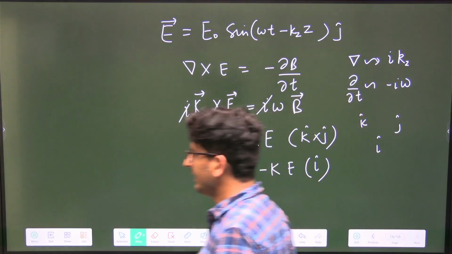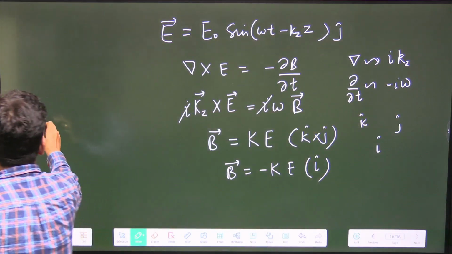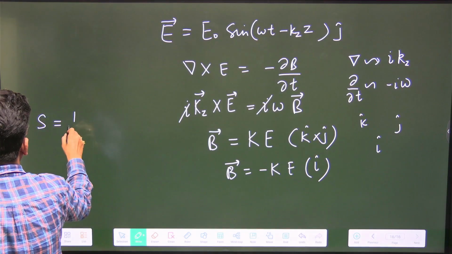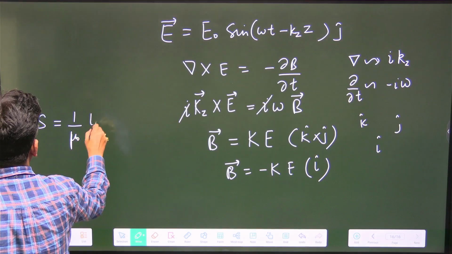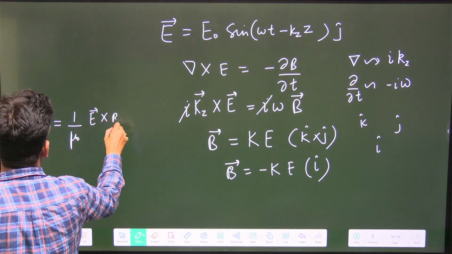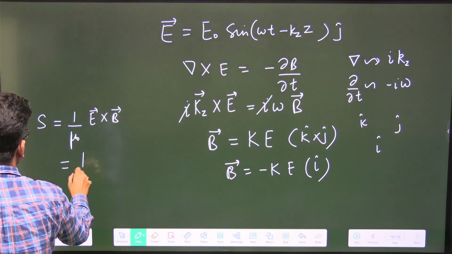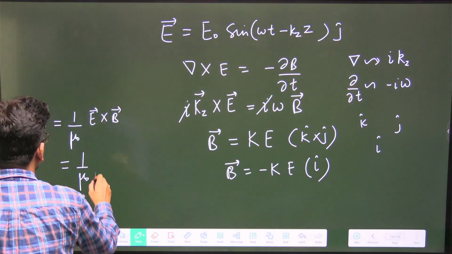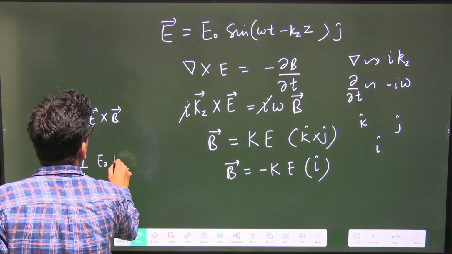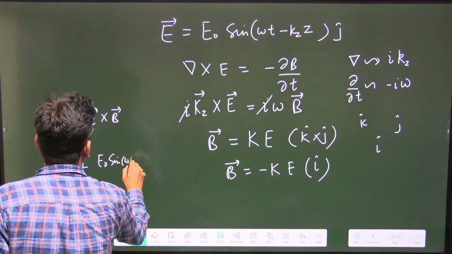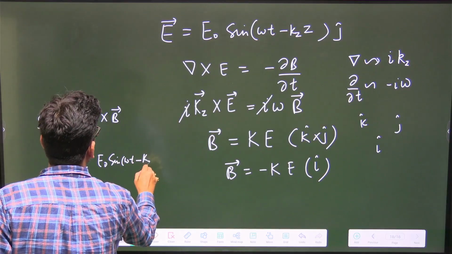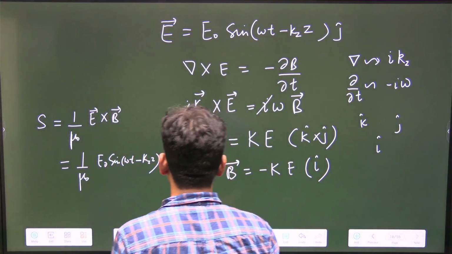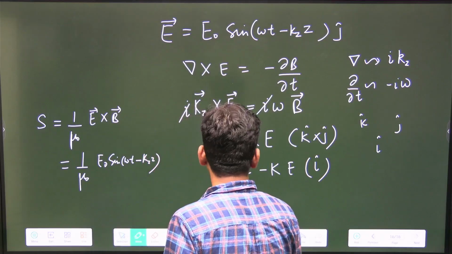Now, what is the Poynting vector? Poynting vector S is equal to 1 by mu naught E cross B. So that is 1 by mu naught. What is E? E naught sine omega t minus kz. And what is B?